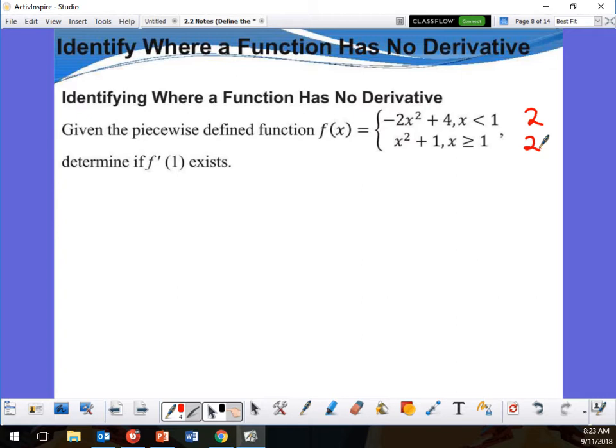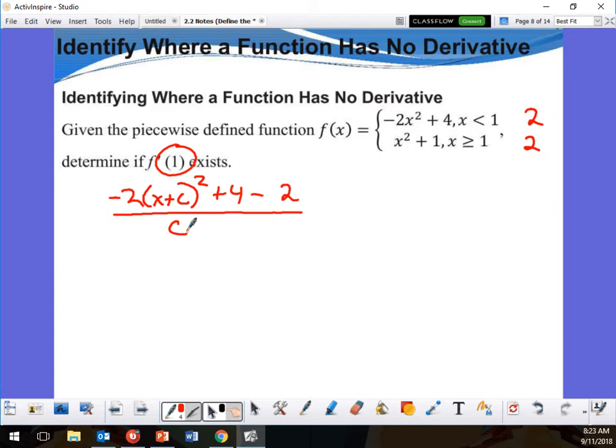So let's go with my -2x plus c squared plus 4 minus, where are we finding it at? We're finding it at 1. Okay, so it's going to be -2 over, what do we put down here? What is it? C.